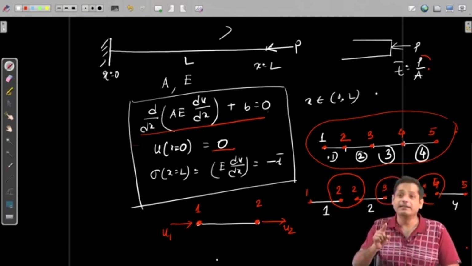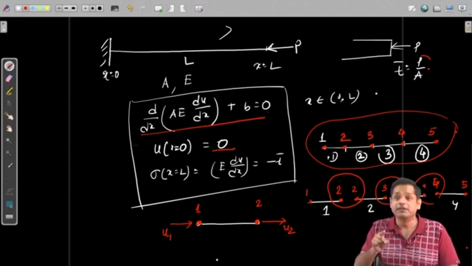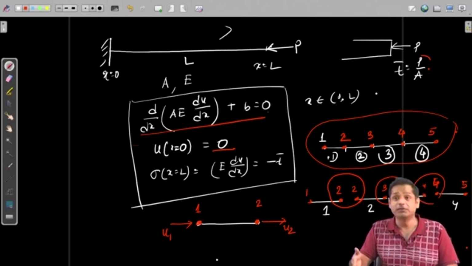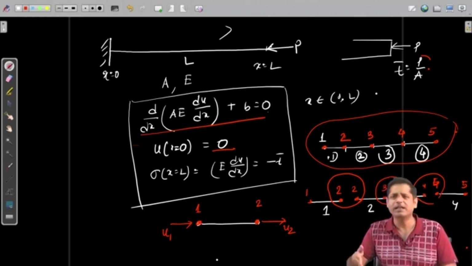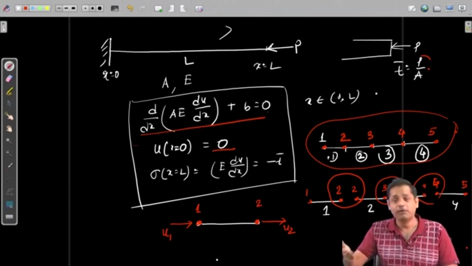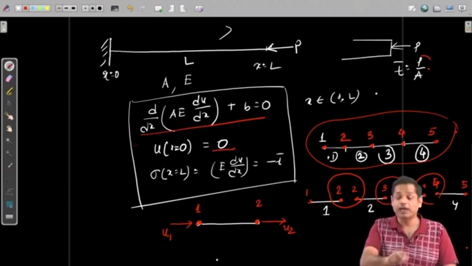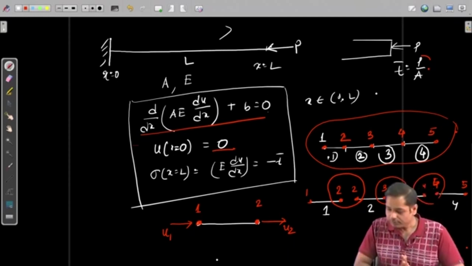Again, I would like you to remind yourself of the word approximation. It is an approximation of the actual system. Okay, and whether this level of approximation is acceptable or not, whether we need to increase the number of elements or not, we will see when we solve it and get the result. But this is an approximation. If we take the limit, this gives us our actual system. Okay.